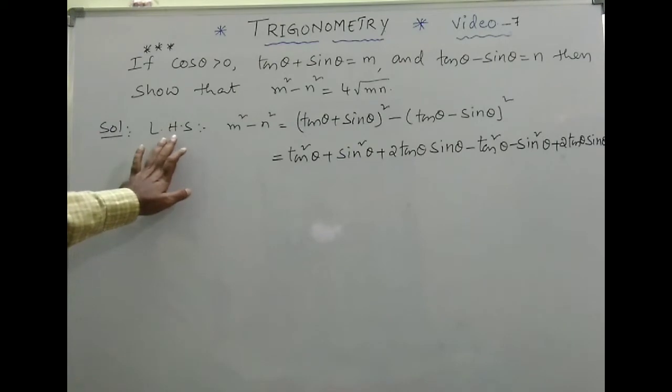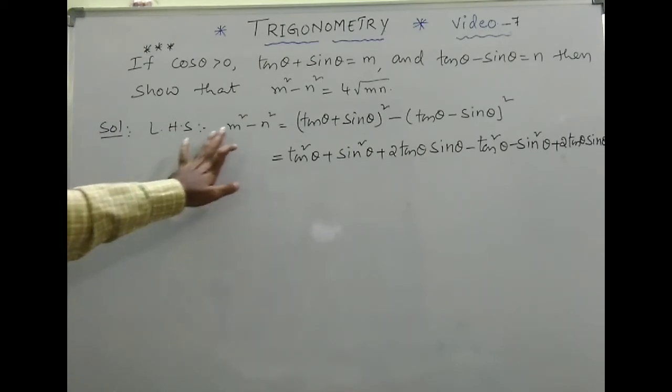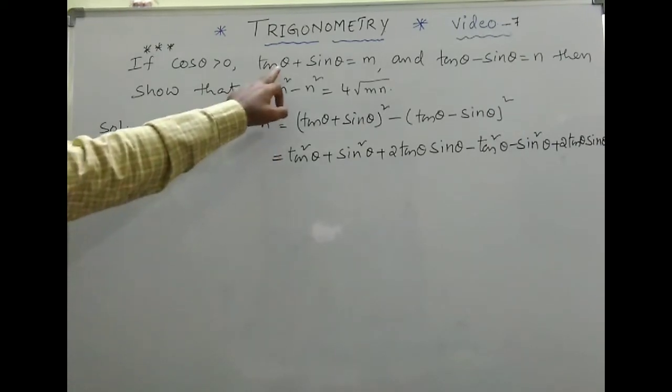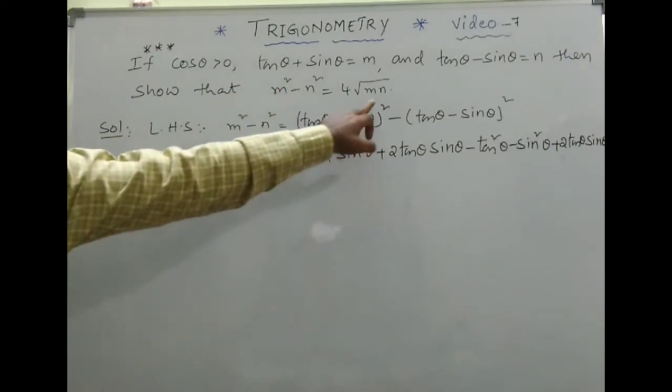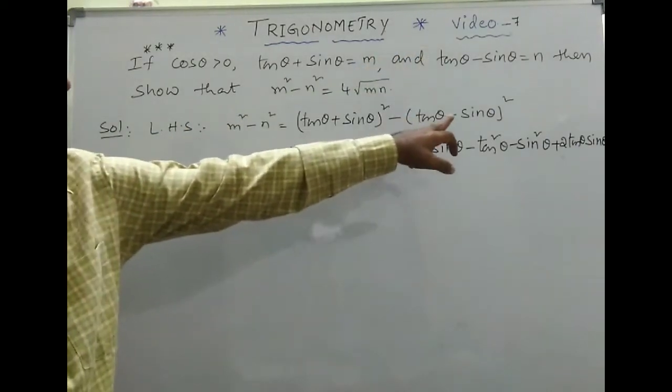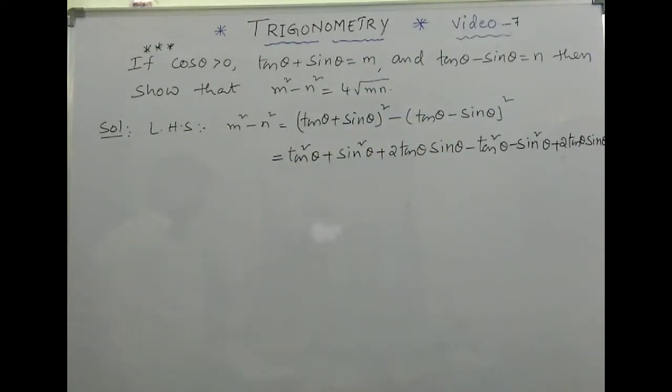So as usual, coming to LHS, that is m square minus n square. What is m? (tan theta plus sin theta) whole square minus, what about n, (tan theta minus sin theta) whole square.